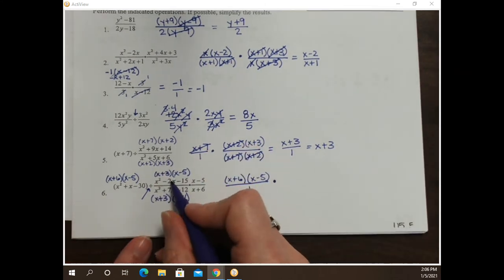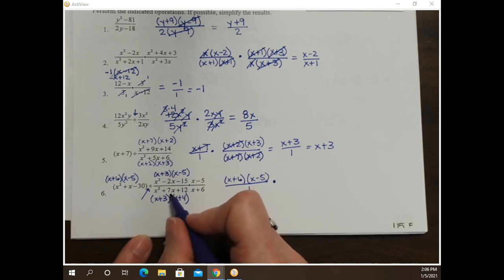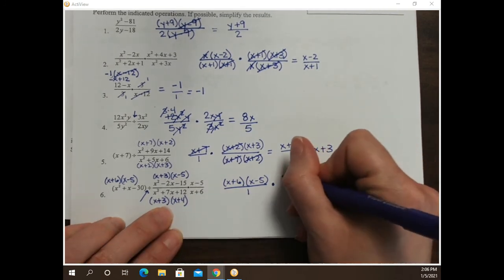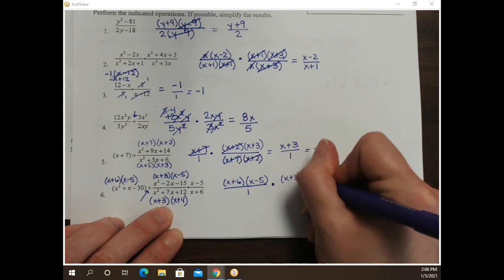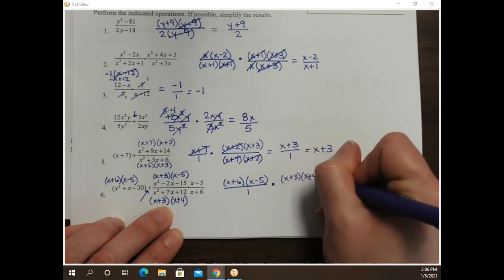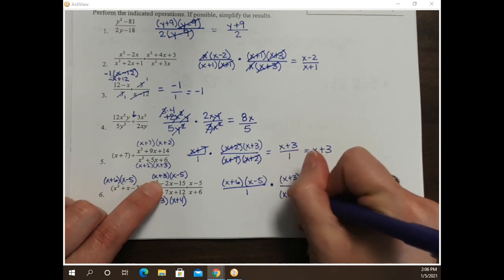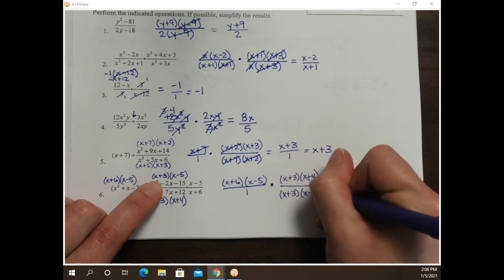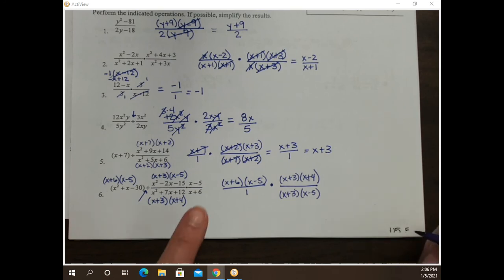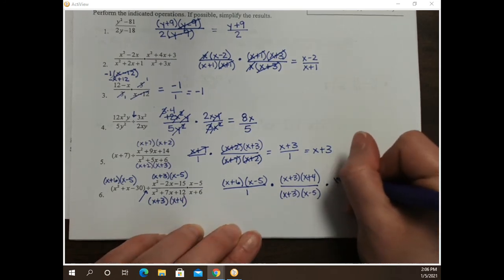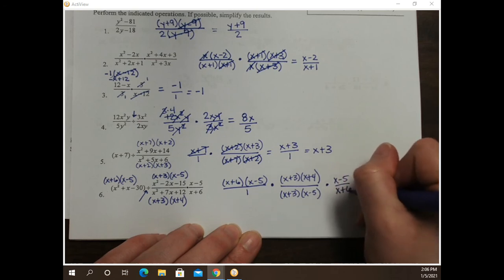The middle term is the only thing I'm dividing by, so that's the only thing I need to flip. So this would be x plus 3 times x plus 4 on top. And then on bottom, x plus 3 times x minus 5. And then my last term, I'm multiplying by x minus 5 over x plus 6.